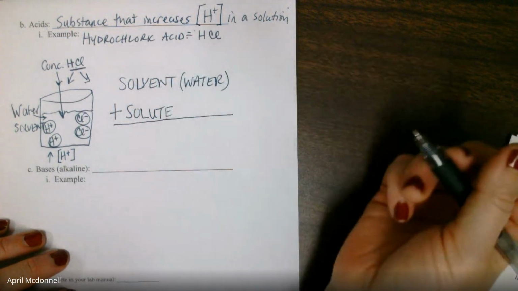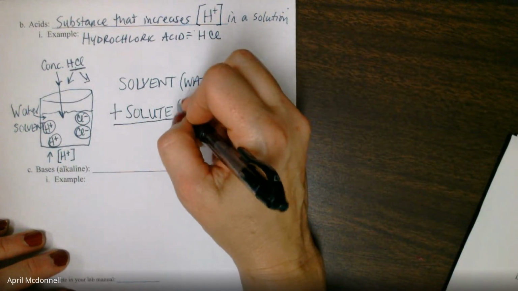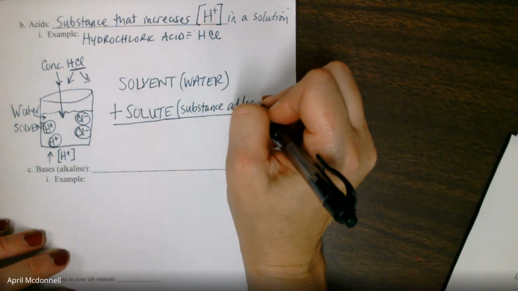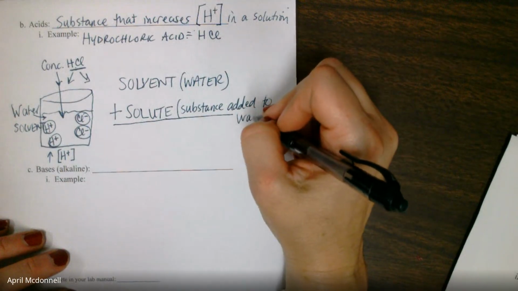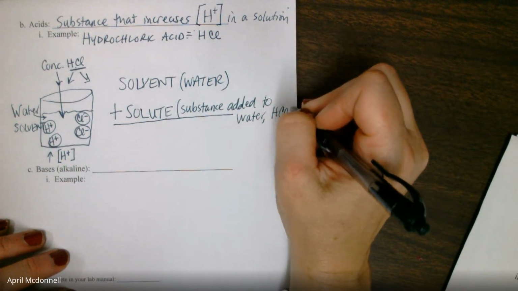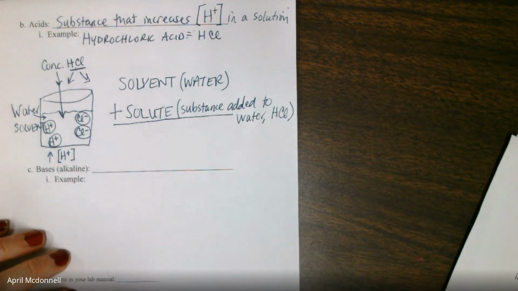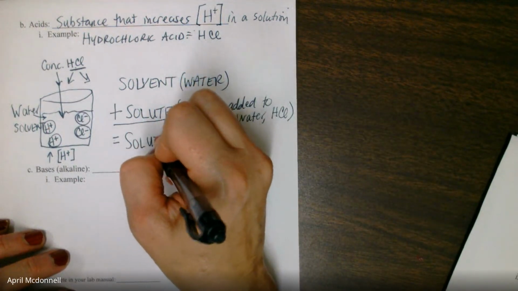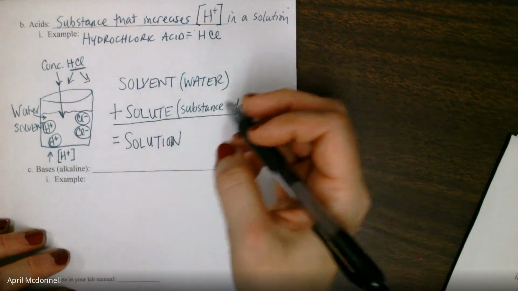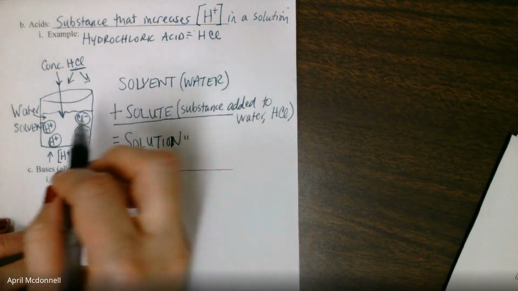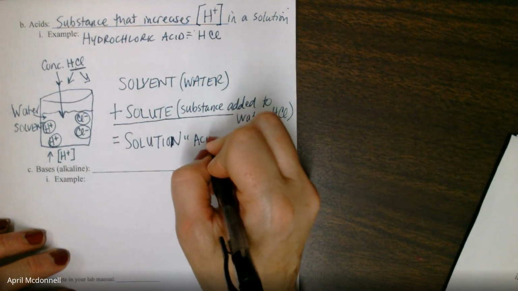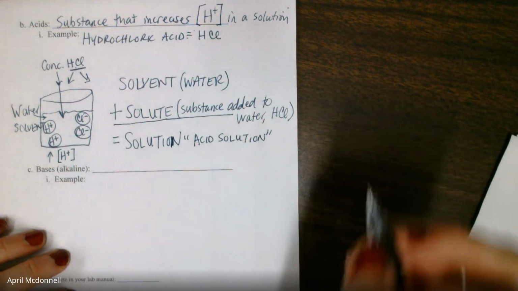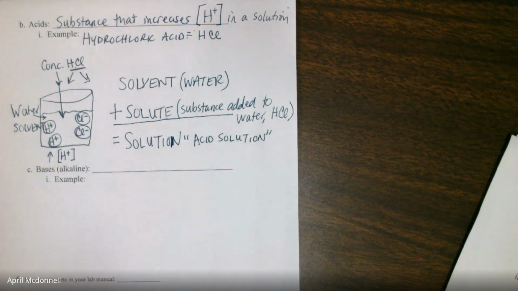Solute is whatever you're adding to water. In this case, it's hydrochloric acid. And when you mix them together, you make something called a solution. We're going to call our example solution an acid solution, since we added hydrochloric acid to water.